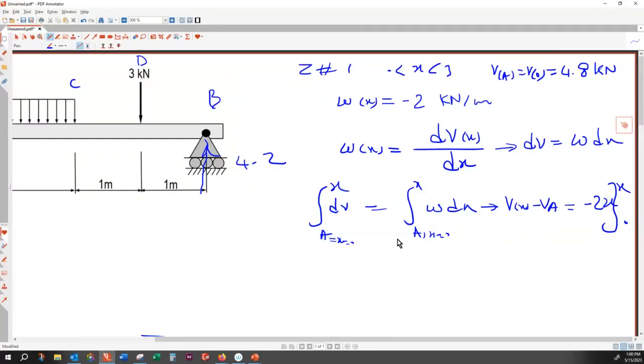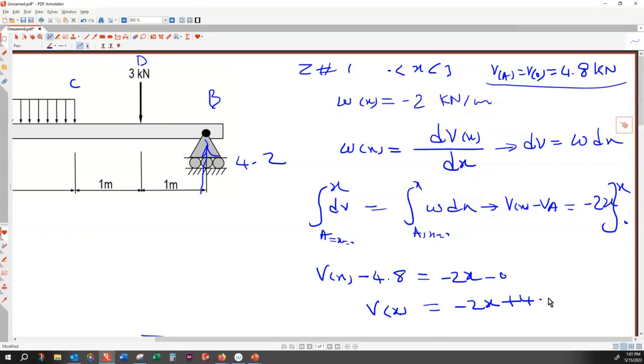So here I have V of x, and V of A, the shear force at the beginning, that is 4.8. And the right-hand side, the integral of minus 2x evaluated at x is minus 2x, and minus 2x at 0 is 0. So if I simplify, the shear force as a function of x is equal to minus 2x plus 4.8.